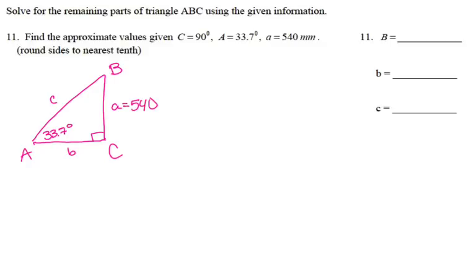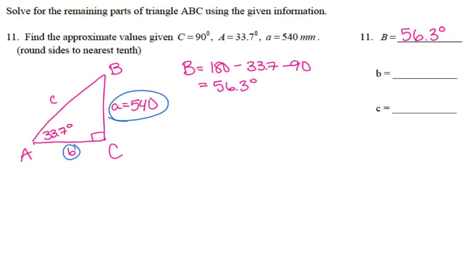The first thing I'm going to solve for is angle B, since I know the angles in a triangle add up to 180. So that's 180 minus 33.7 minus 90 gives me 56.3 degrees. So this is 56.3 degrees. And then from there, I'm going to solve for side B. And in order to do that, I need to figure out how these two sides relate to this angle.